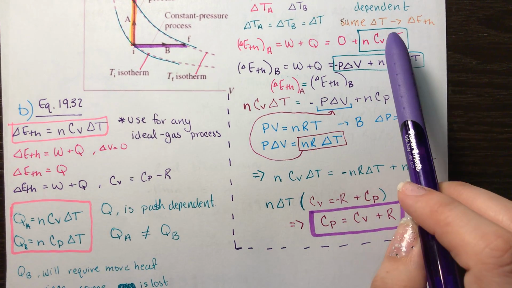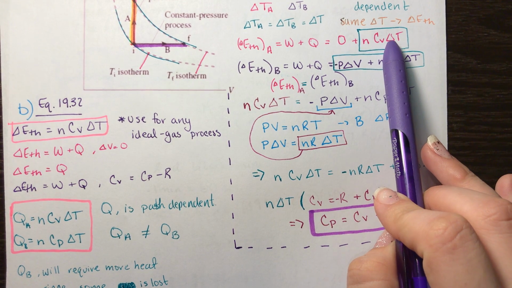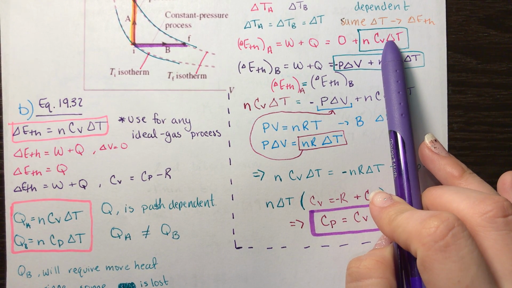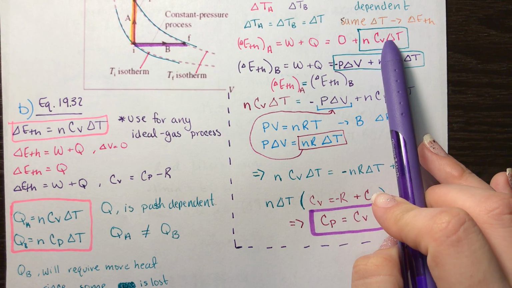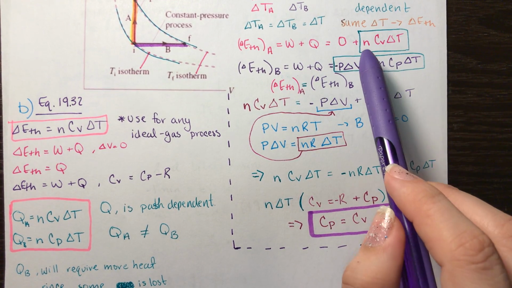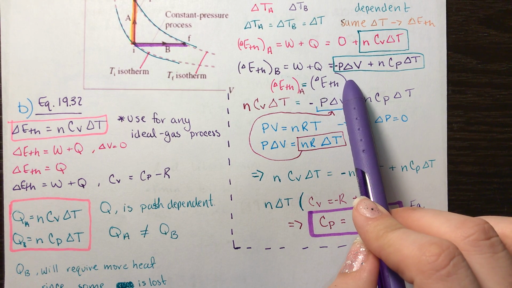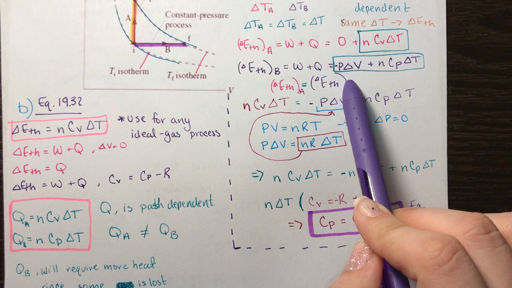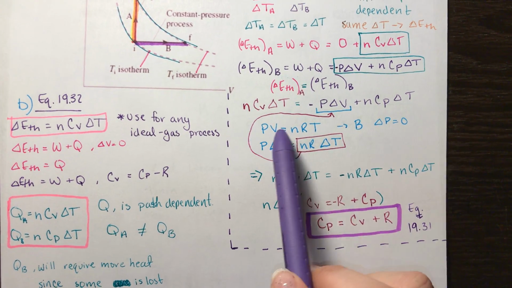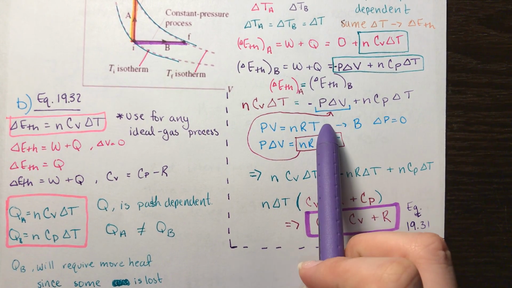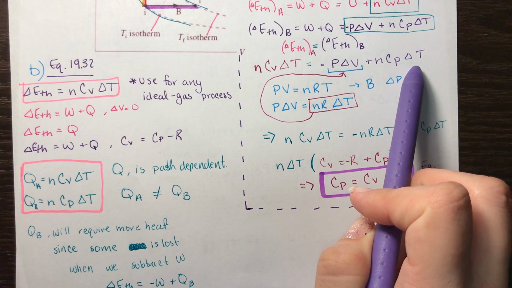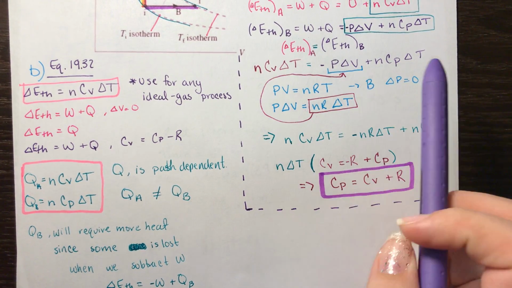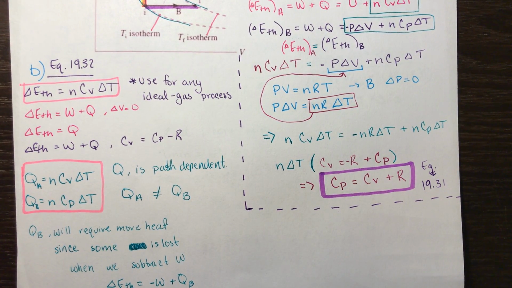Now what we do is we set the thermal energy for path A equal to the thermal energy for path B, and this is the expression that we have here. And now the next thing that we want to do is relate this delta V to the delta T's in the expression, and we do that through the ideal gas law.